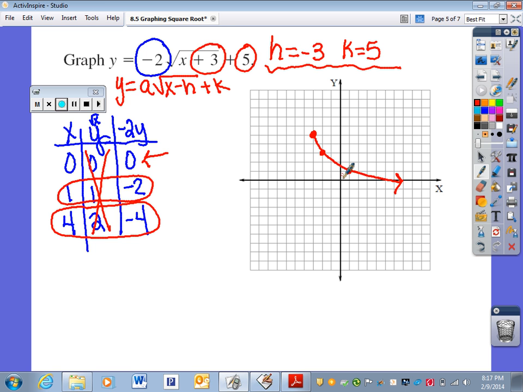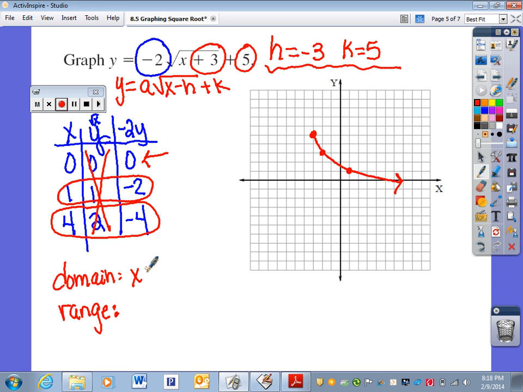Our original square root function went from 0, 0 and up in this direction. So now we want to list our domain and we want to list our range. In taking a look at this function, we find for our x values, we're beginning at -3 and going to the right.